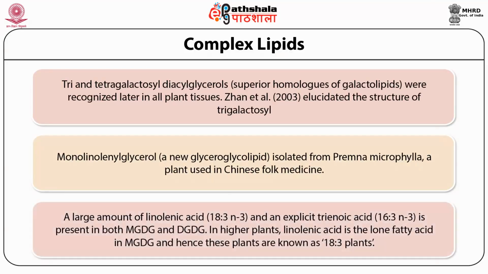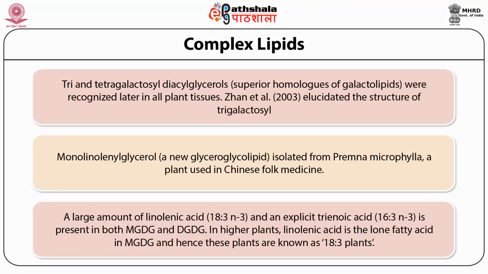After that, a large amount of linolenic acid, having a ratio of 18:3, and an explicit trienoic acid ratio of 16:3, is present in both monogalactosyl diacylglycerol and digalactosyl diacylglycerol.